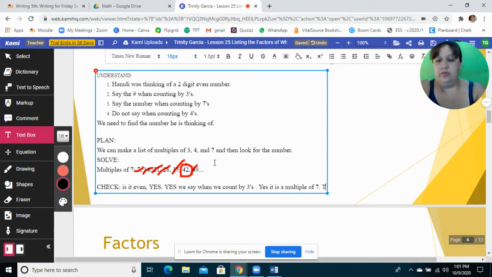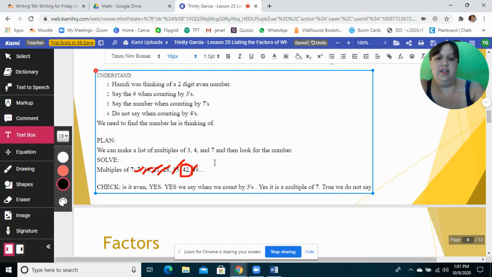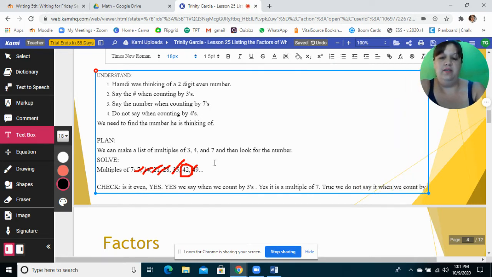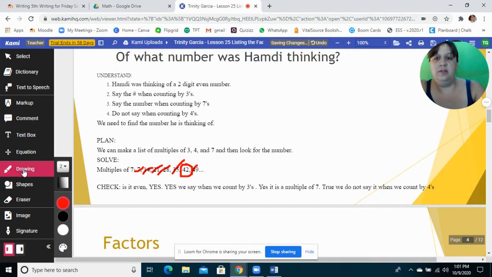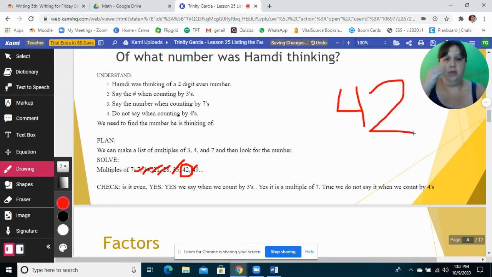That is true. We do not say it when we count by 4s. Okay, so we checked our work. So we know that our answer is 42. Good. All right. Let's move on, shall we?